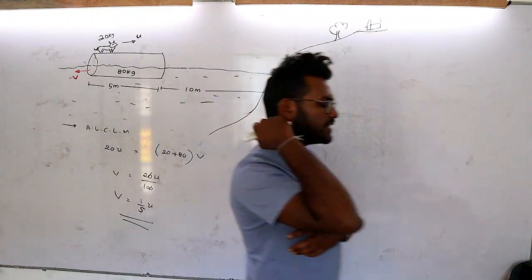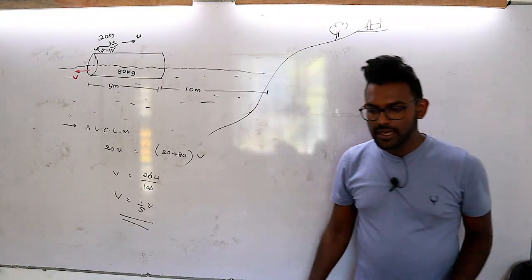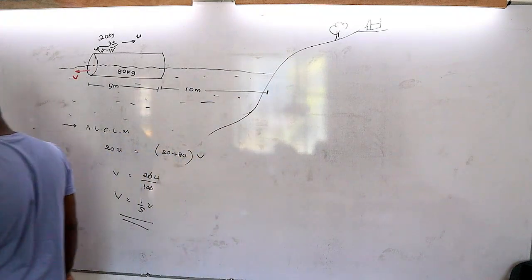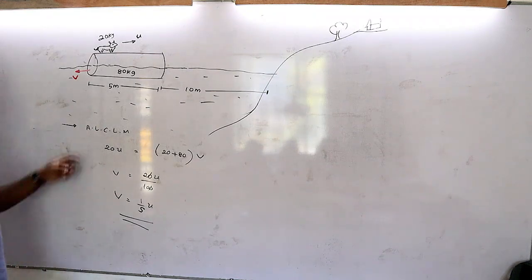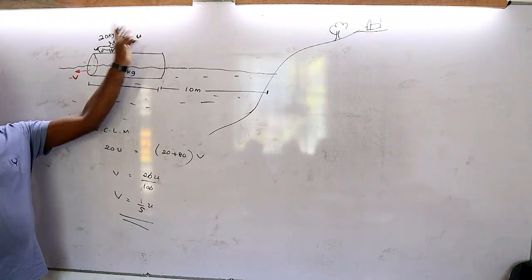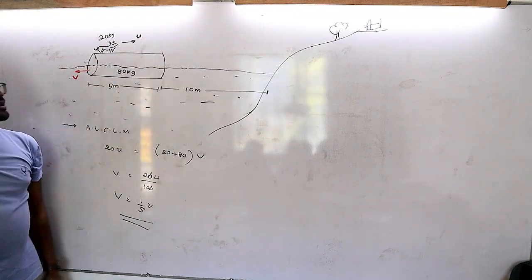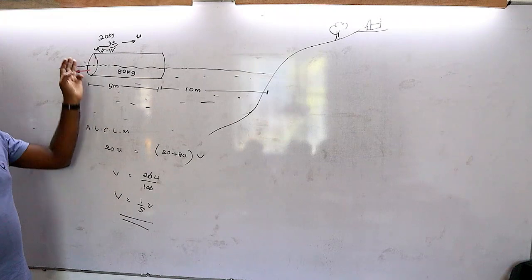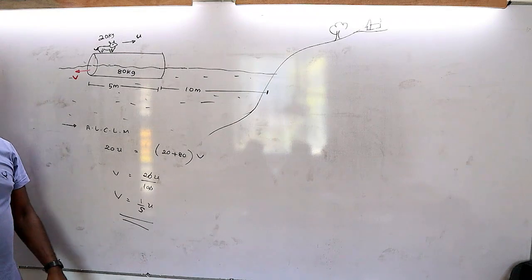When the dog reached the other end of the log, other end means the dog is running 5 meters. He's at this side, so he's going to run to the other side, 5 meters. So when the dog runs 5 meters, we're supposed to find how far the log has moved backwards.